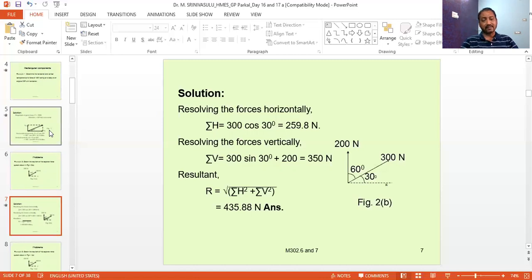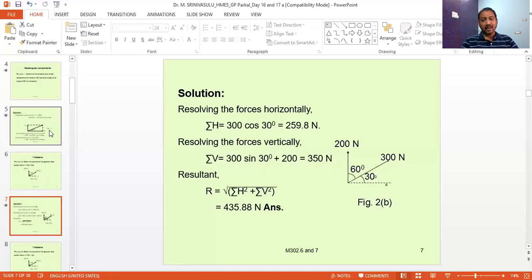Now, first of all we have to find the algebraic sum of the horizontal components of all the forces, and then the algebraic sum of the vertical components of all the forces. Then we can find the result by using the formula.